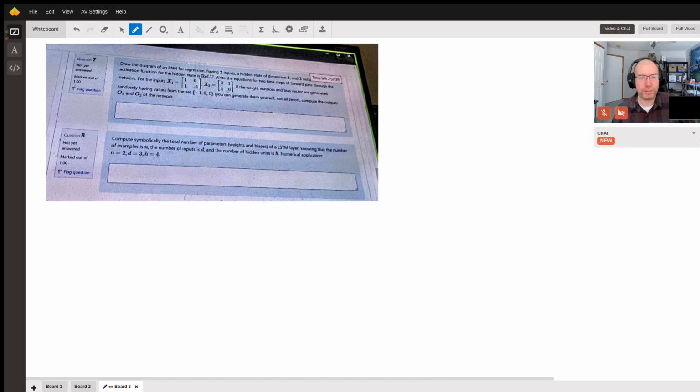And LSTM layer. Examples, number of inputs.